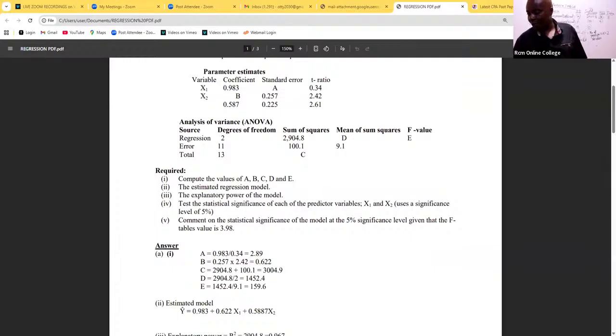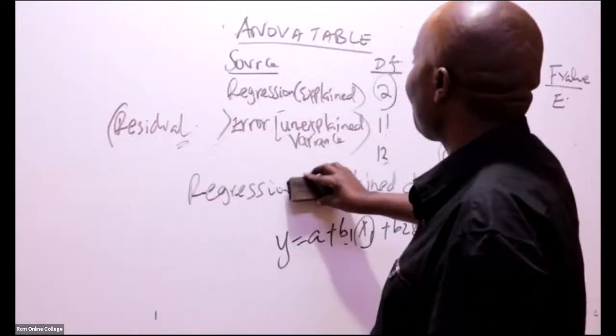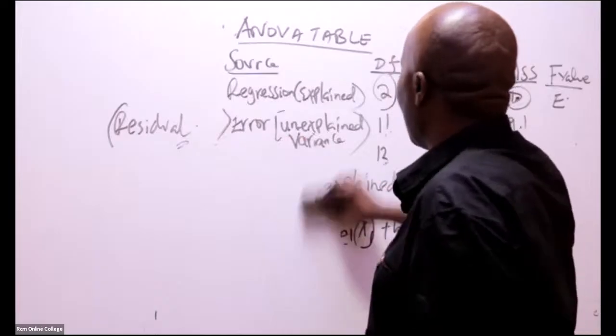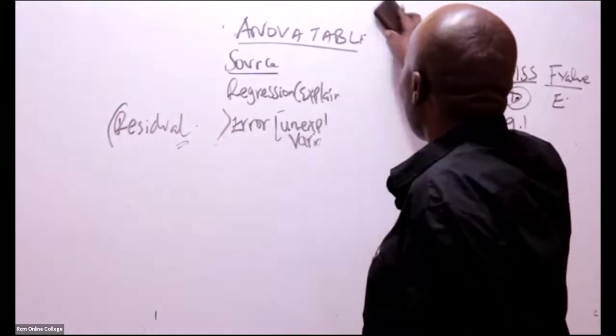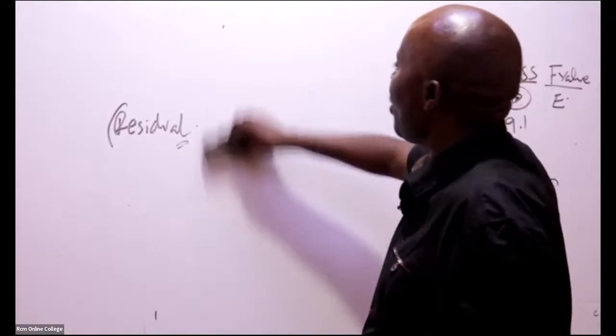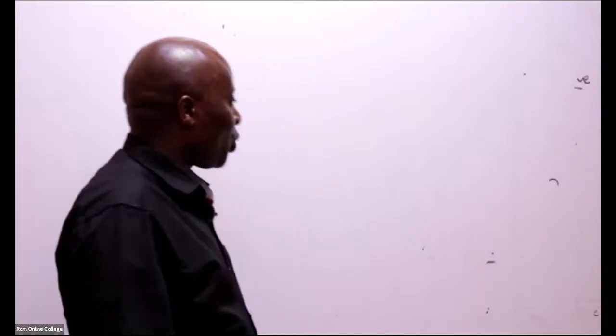In regression analysis, there are 2 types of hypothesis tests. How many types of hypothesis tests are there? 2 of them. There are 2 types of hypothesis or significance tests in regression analysis.